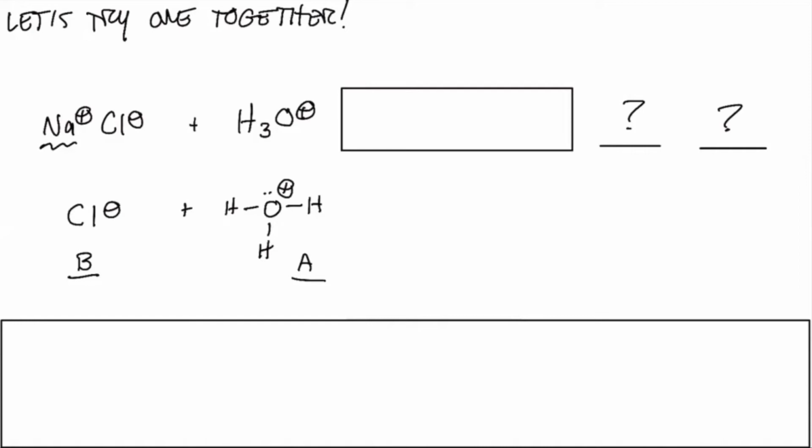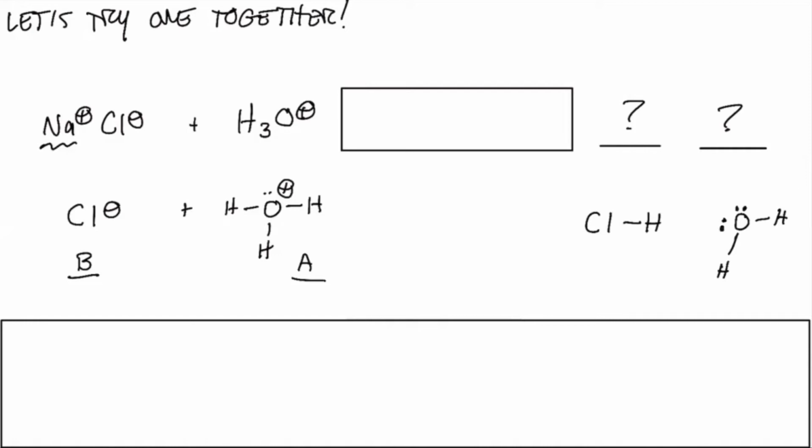Without drawing any arrows, if the Cl picks up a hydrogen, it'll look like that. And if the H3O plus lost one, we would still have this lone pair, and we will have regained another lone pair. We'll show how that works in a second, to make water. So these are going to be our products of this reaction.